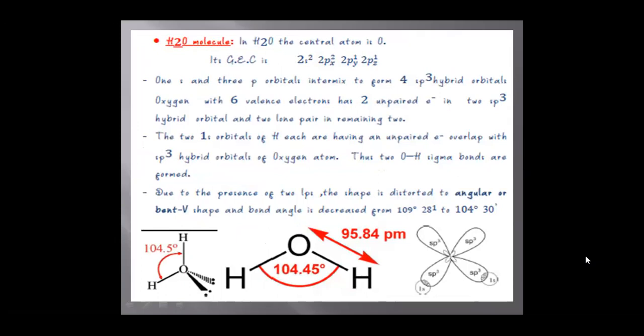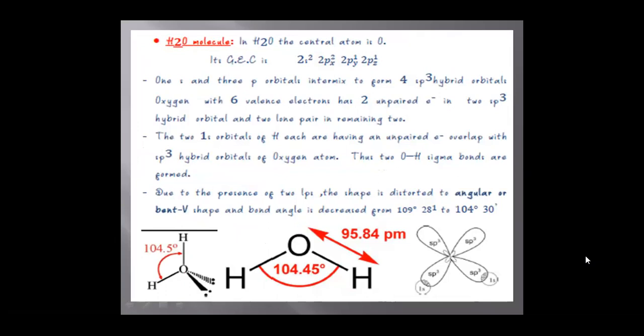Water molecule. In the water molecule, the central atom is oxygen. The electronic configuration in the ground state is oxygen 8, 1s2, 2s2, 2p4. The 1s and 3p orbitals intermix to form 4 sp3 hybrid orbitals.